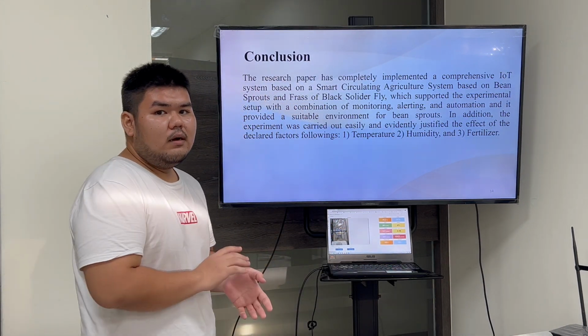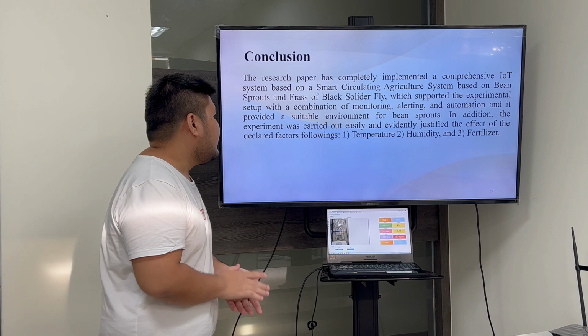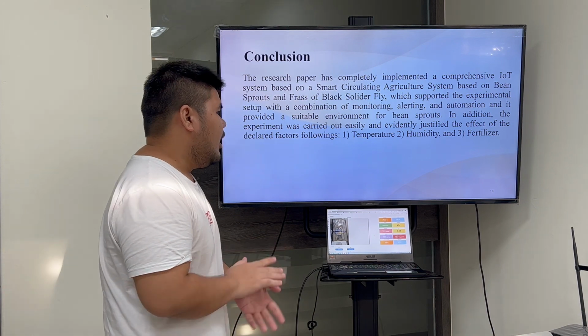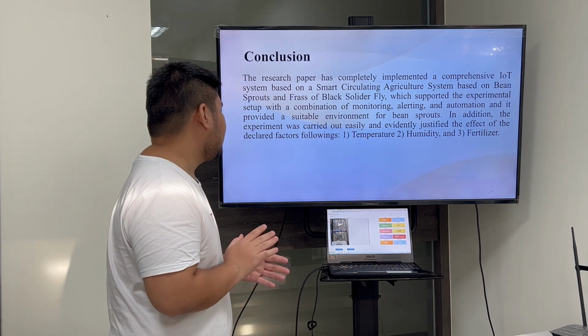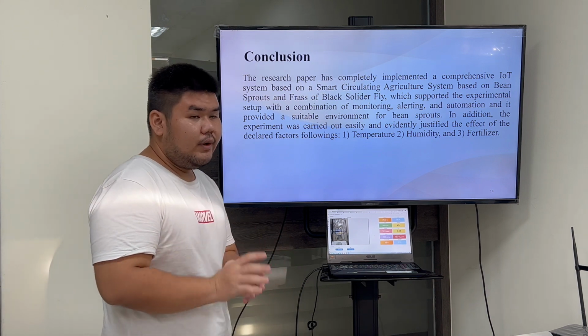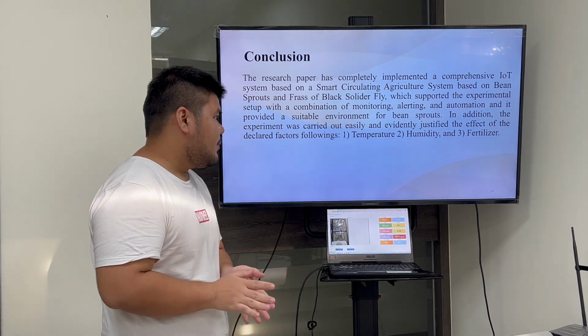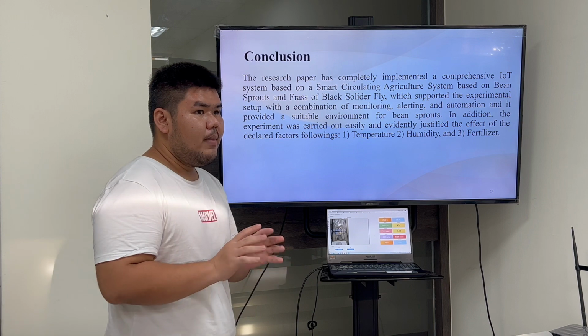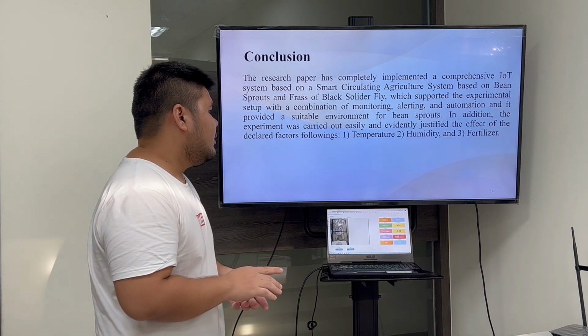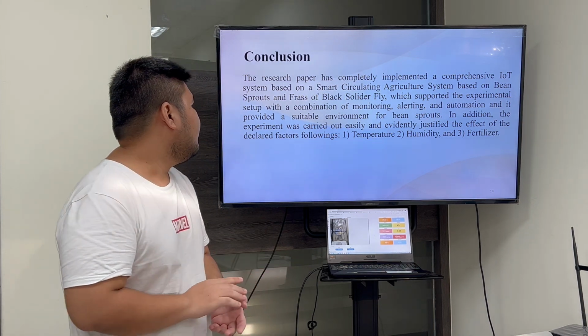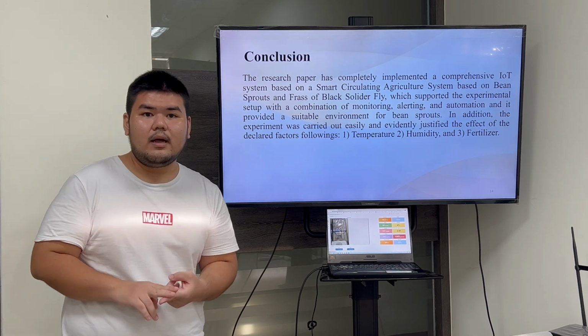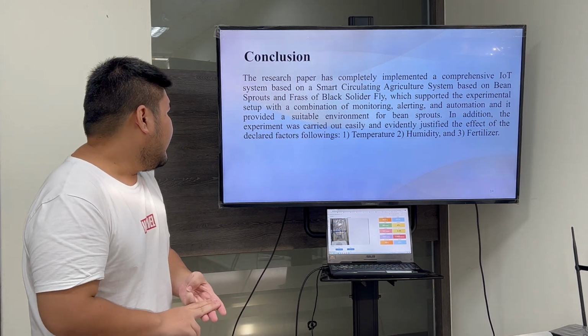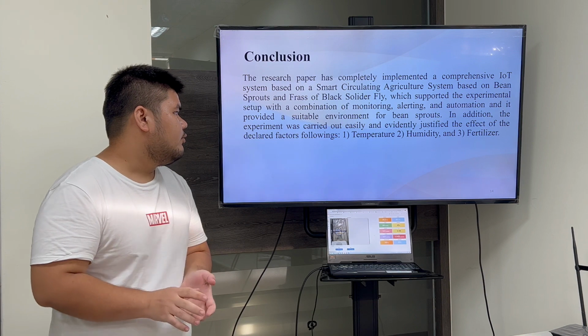The last one will be our conclusion. The research paper has completely implemented a comprehensive IoT system based on a smart circulating agriculture system using beansprout and frass. We supported the experimental setup with a combination of monitoring, alerting, and automation, and it provides a suitable environment for beansprout.